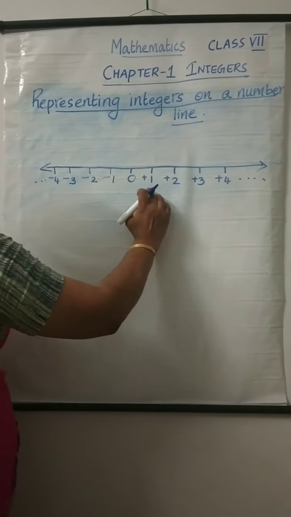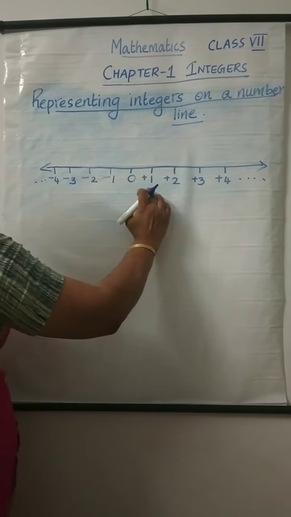Now subtraction using number line. Positive 3 minus 2. First you choose positive 3.